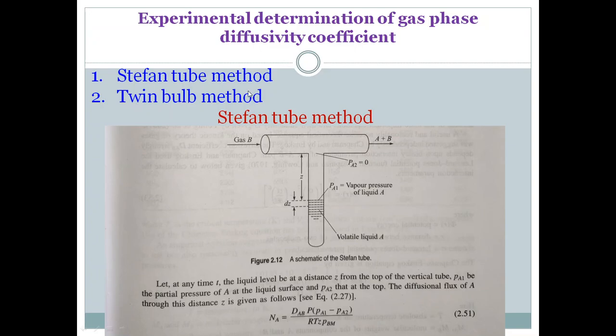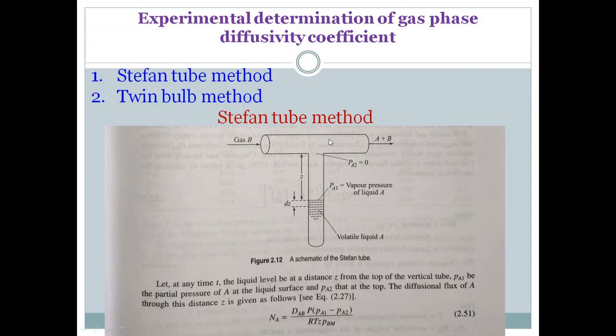Here we will discuss the Stefan tube method, and in your mass transfer laboratory you will do this experiment in your lab classes. So how will you determine the diffusivity coefficient in the Stefan tube method?